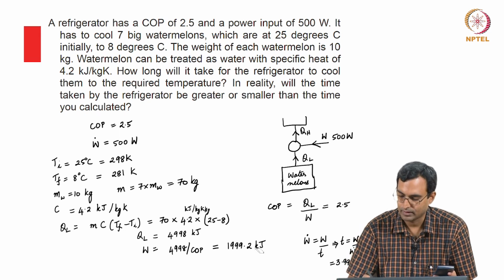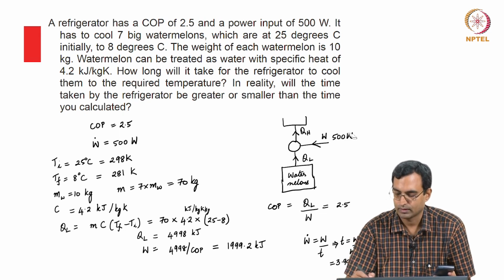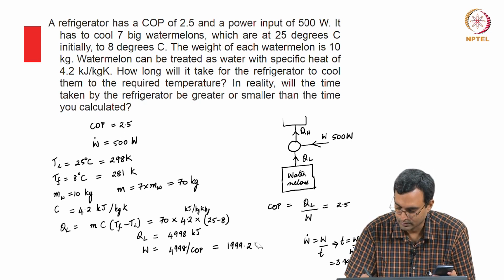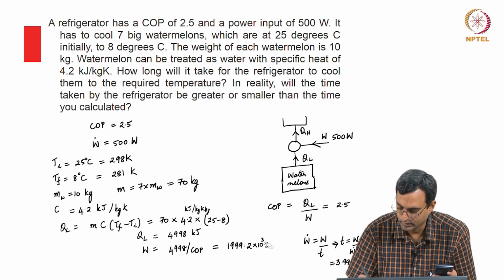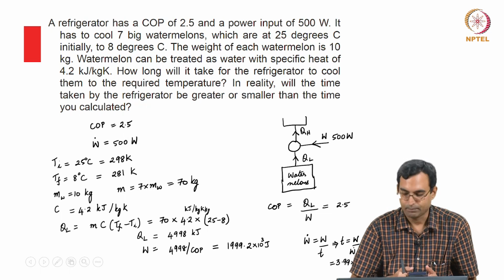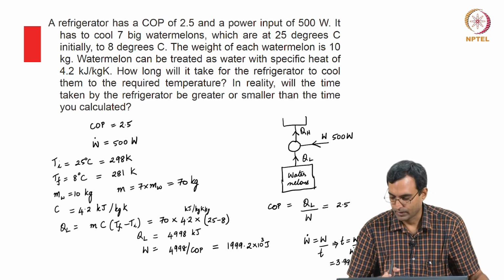This is in kilojoules, this is in watts, so this is into 10 power 3 joules. This is a watt, which is a joule per second. So I get this time. So that's 3.99 10 power 3.